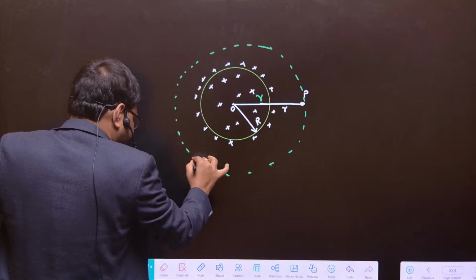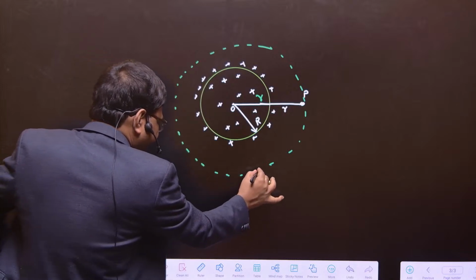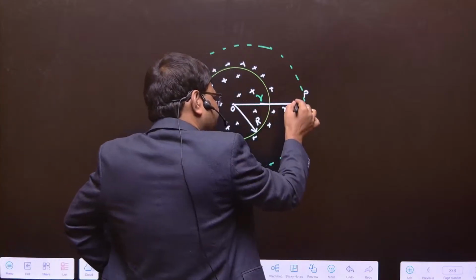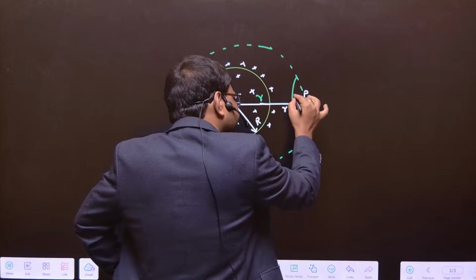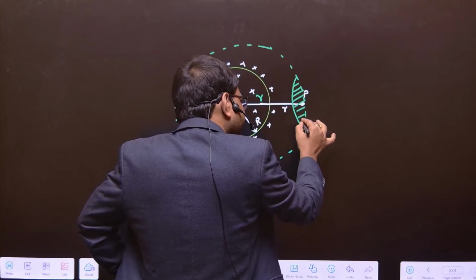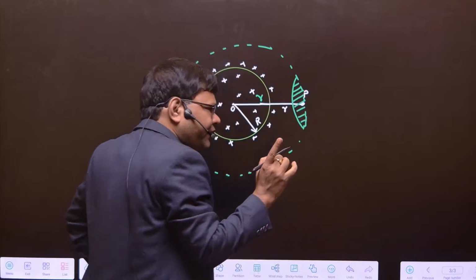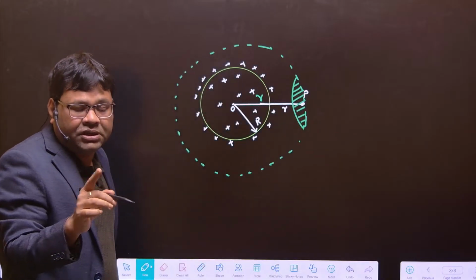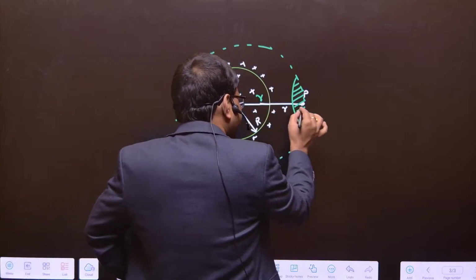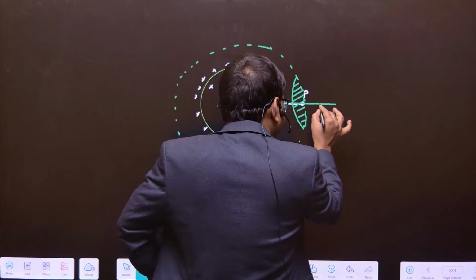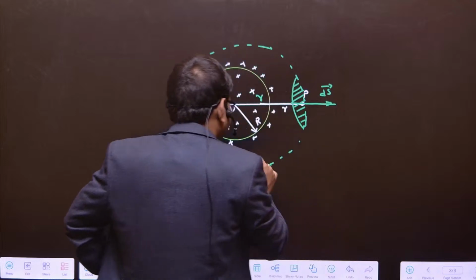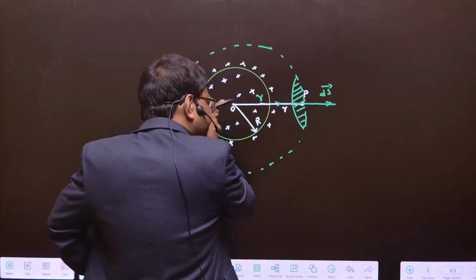See, this is the Gaussian surface. Like before, at this point just assume a very small area element, ds vector. Area is not a vector quantity, but a small area element is treated as a vector quantity in some problems in physics. The direction of the area vector is in this direction, and assume the electric field direction is also in this direction.